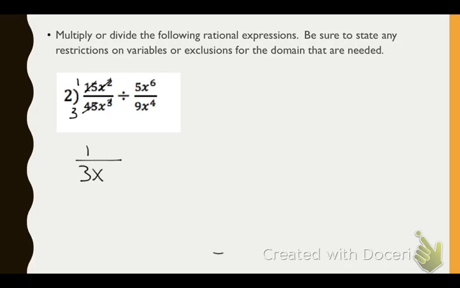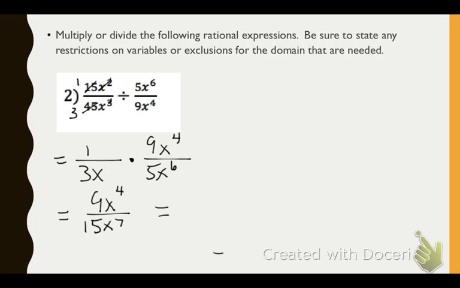Now I'm going to change to multiplication and flip. So I'll have 9x to the 4th over 5x to the 6th. I notice that I can simplify those x's, but I think I will multiply first and then simplify. So 1 times 9x to the 4th is just that, all over 15x to the 7th.